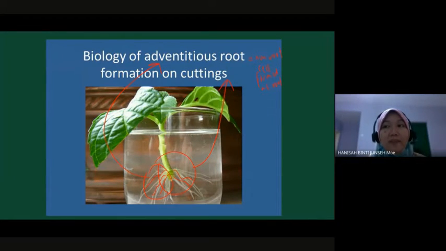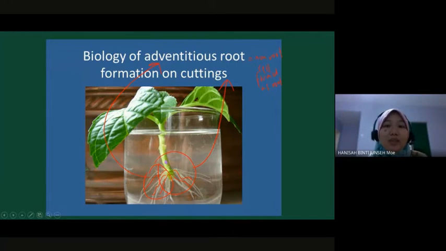It is a stem actually, but this stem will differentiate to form an adventitious root. Okay, next. So why this adventitious root happens is because of the auxin.